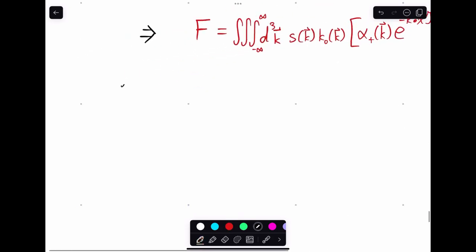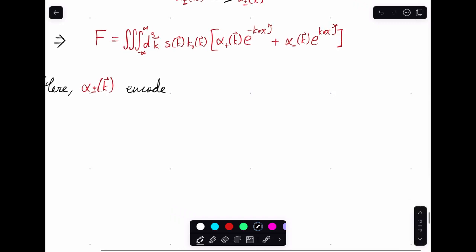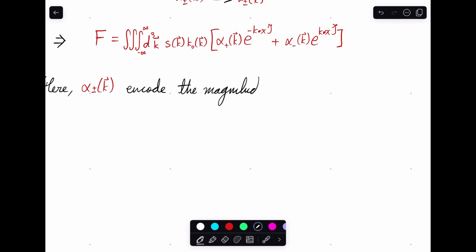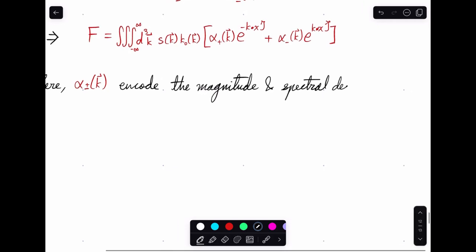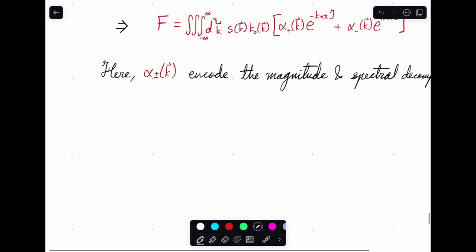So here, the coefficients alpha plus minus of k encode the magnitude and spectral decomposition of the electromagnetic field.